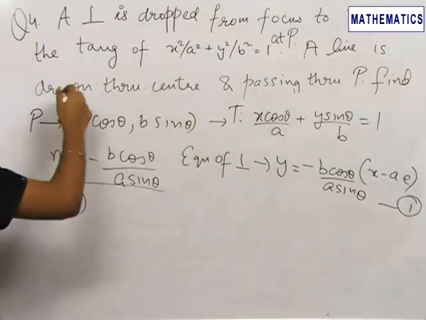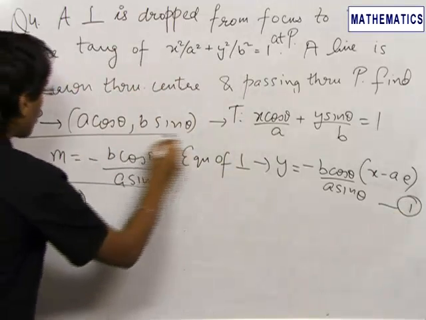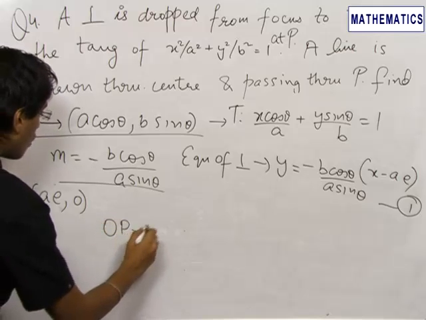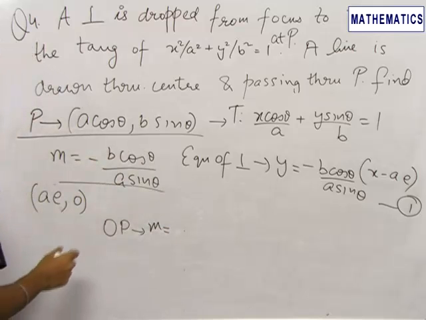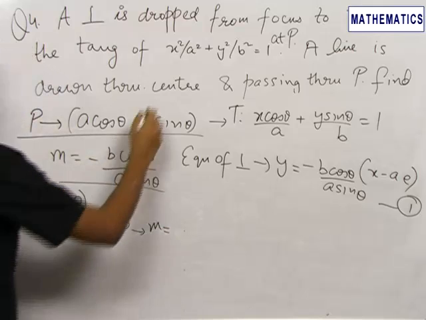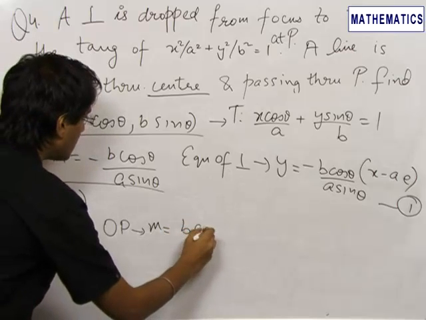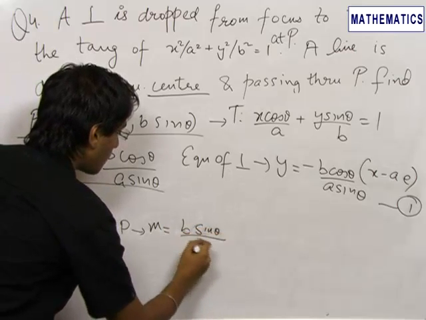Now we know that a line is drawn through the center and passing through the point P. Point P is A cos theta comma B sin theta. OP has a slope equals B sin theta minus 0 upon A cos theta minus 0. Since the other point is center, that is 0 comma 0, so the slope is B sin theta upon A cos theta.